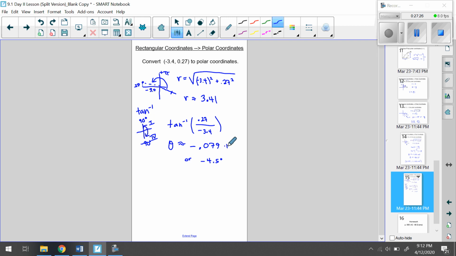If I'm doing my radians answer, I'm going to add pi, and that's going to give me an answer of about 3.0. Or if you're doing degrees, you can add 180 degrees, and that's going to give you an answer of 175.5 degrees.